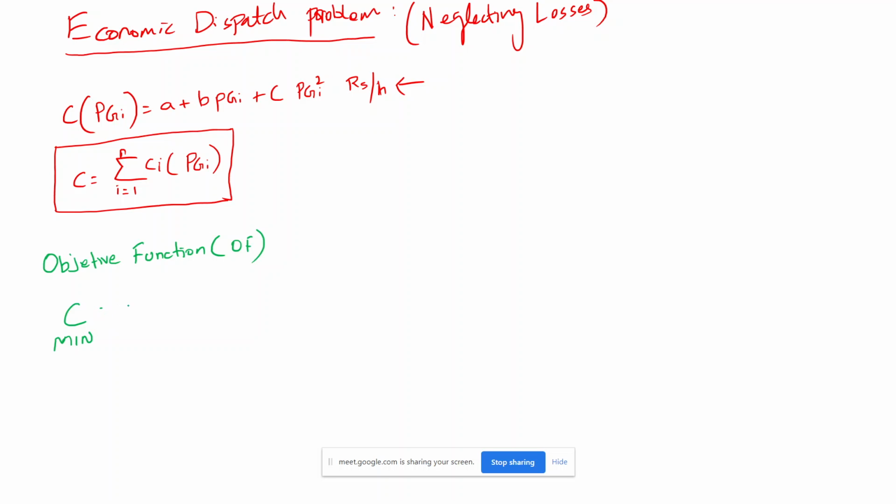What is this cost? It is the summation of the costs of all n generators. This is the total cost, and I want to minimize this. This is my objective function.